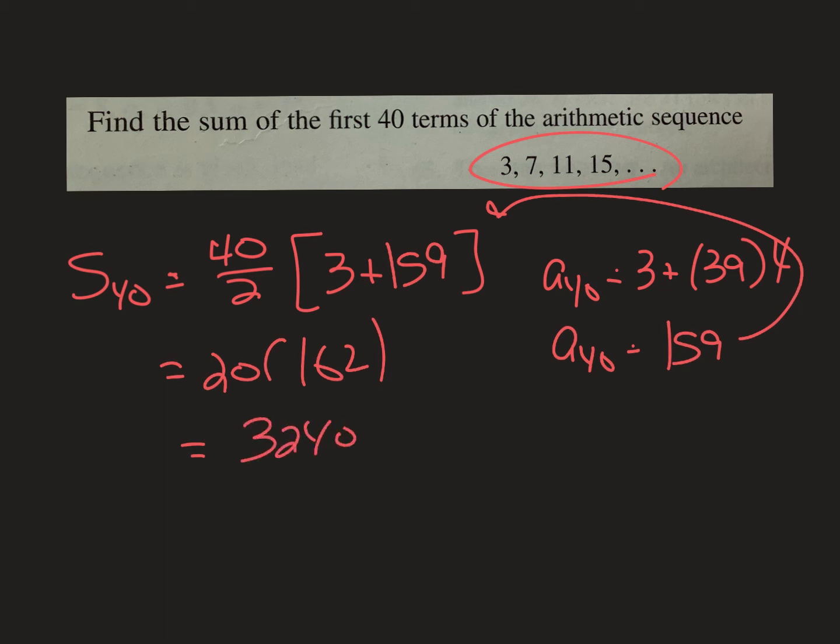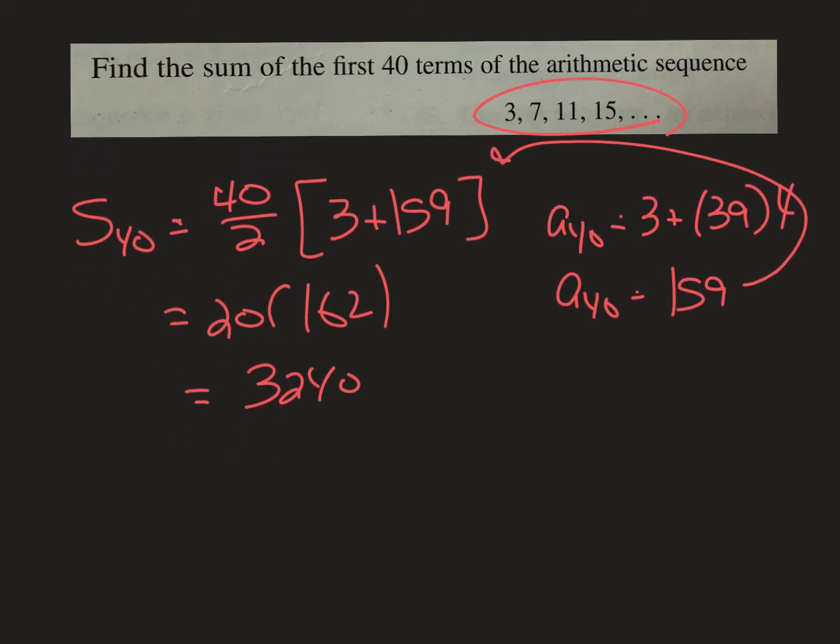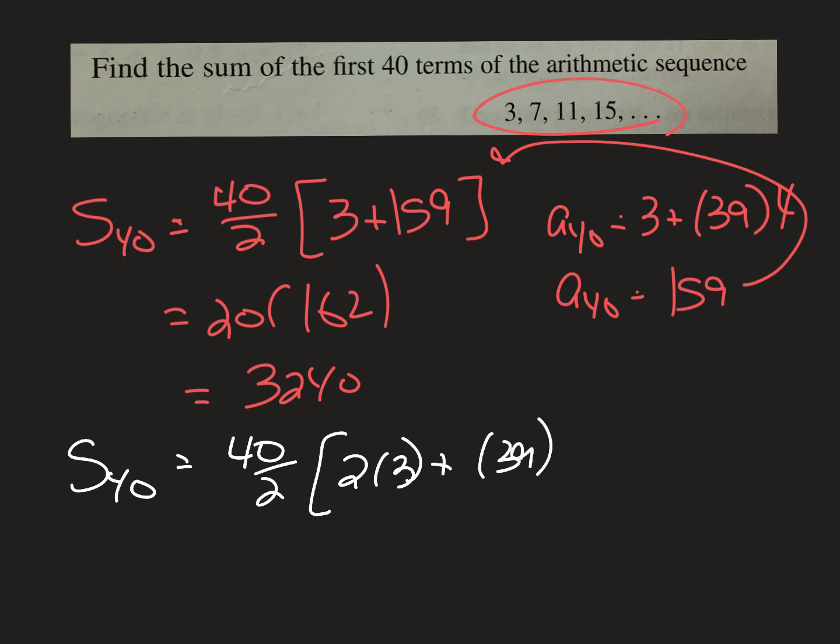Now, that's one way. Let me show the other formula real quick just so you'll have exposure to both. I could have also said, okay, the sum of the first 40 is 40 over 2. Starts the same way, but you do this. You do 2 times the first term plus n minus 1, which is 39, times d, which is 4.